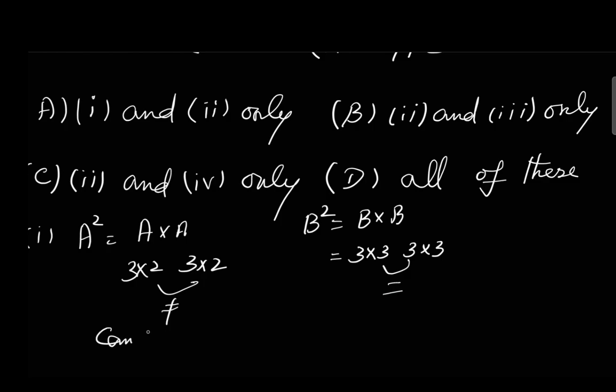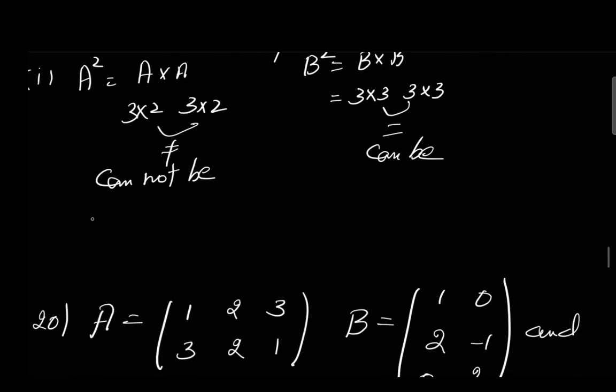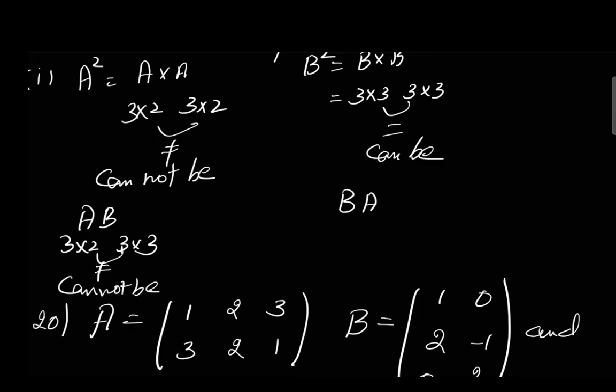A squared cannot be, B squared can be. And next option AB. AB is 3 by 2, 3 by 3, not equal, cannot be. BA, this is 3 by 3, A matrix is 3 by 2.